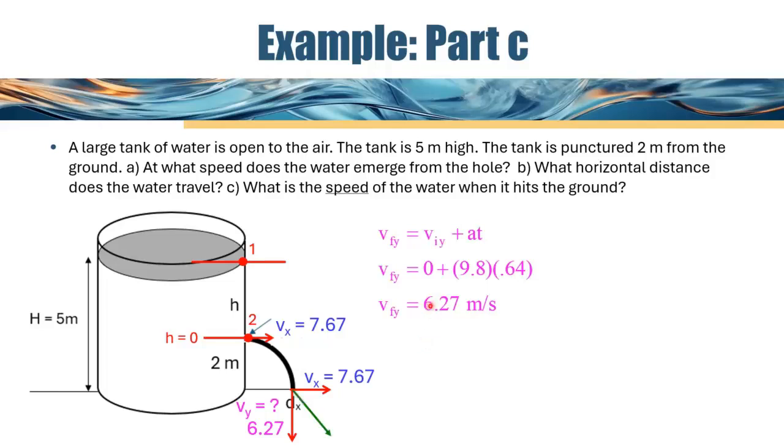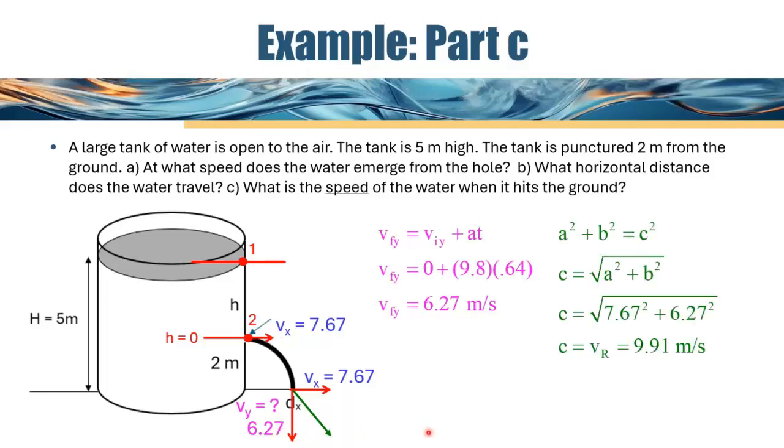So now the resultant velocity, or the final velocity when it hits the ground, is going to be the resultant of the x and the y component. And we can find the answer to that using the Pythagorean theorem, and we get a c value, or a resultant velocity, of 9.91 meters per second.